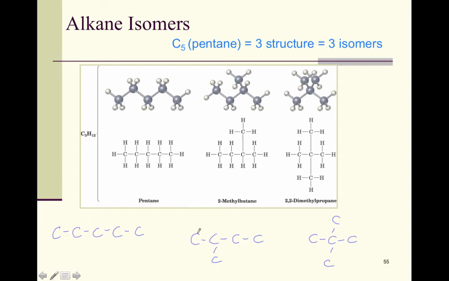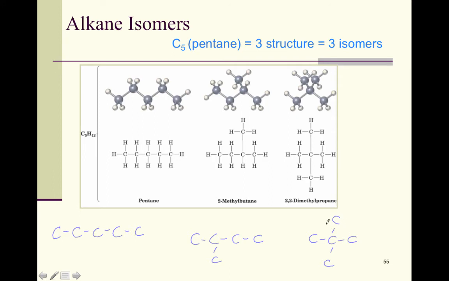When we get to this one here, how many bonds to carbon does this guy have right now? 1. This one, how many bonds to carbon does it have? 3. 1, 2, 3. Don't forget to look down. This one has 2 and this one has 1. And then this shape, this has how many bonds to carbon? 1. In fact, all 4 of these around there all have 1. But look at the guy in the middle.